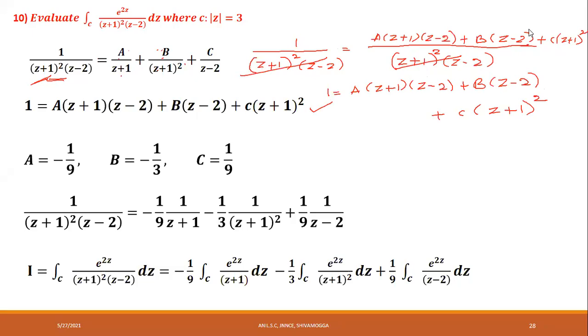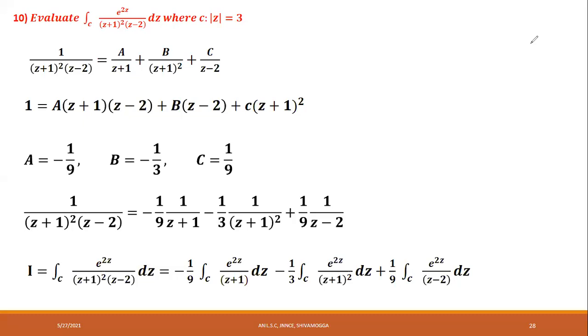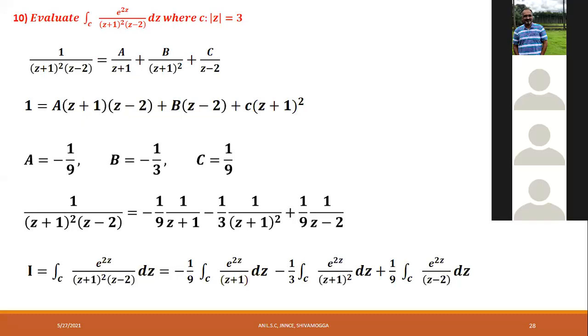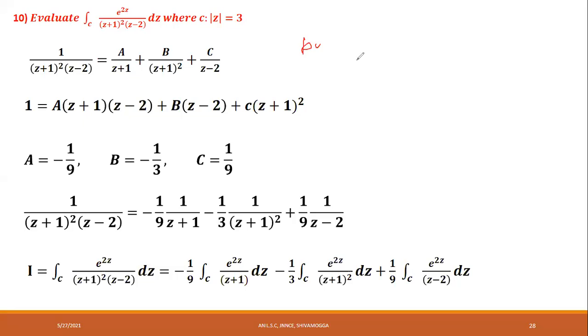Now we have to find the constants A, B, and C. First put z is equal to minus 1.